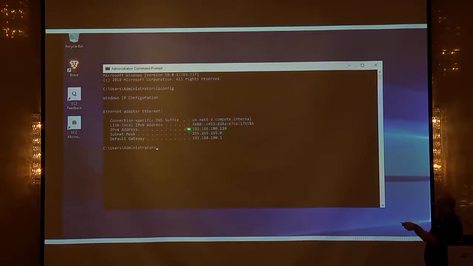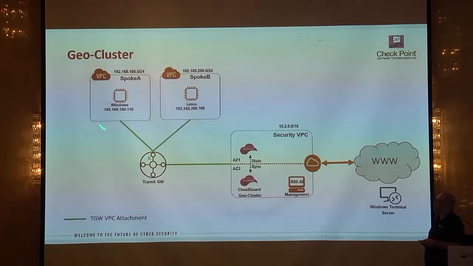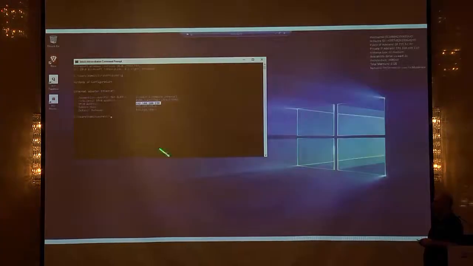You can see the IP address right here, 192.168.1.110, and you will see it on the diagram as well. It's just a simple Windows machine that I started on Amazon. Now what I'm going to show you is connecting through the cluster to the Linux. Windows, cluster, Linux, all going through the transit gateway.